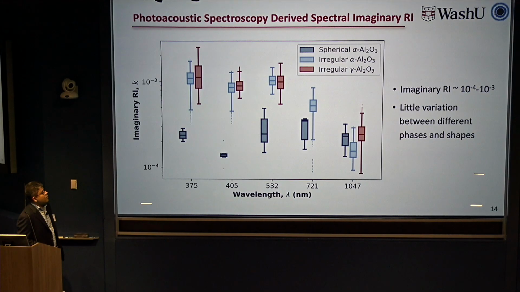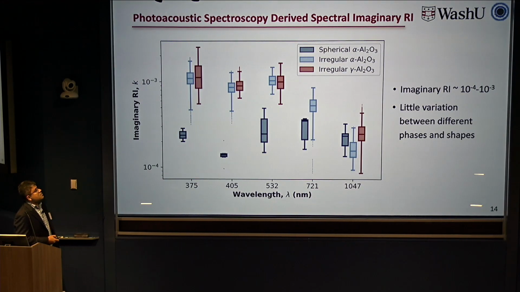Even the morphology also did not matter, of course, after being corrected for the irregular shapes. And the imaginary index ranged from around 10 to the power minus 3 to 10 to the power minus 4 across the 375 to 1047 nm visible wavelength range, which is around 3 to 4 orders of magnitude higher.